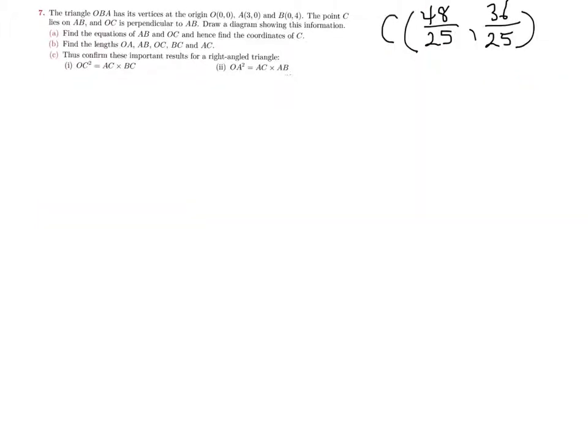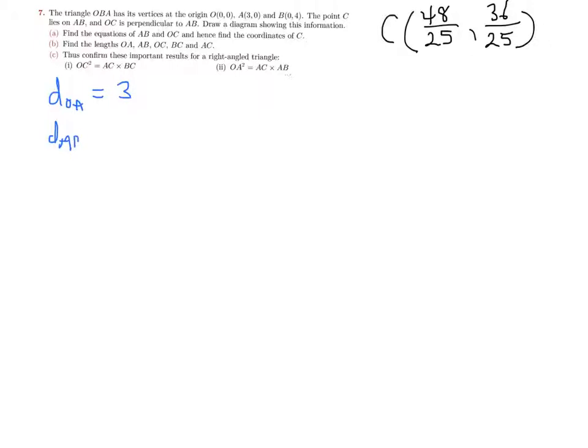Okay, so the rest of the question should be pretty straightforward because we're just using the distance formula. The distance between O and A is easy because it's just going to be 3 units, because it just lies on the axis. Similarly, the distance of AB.